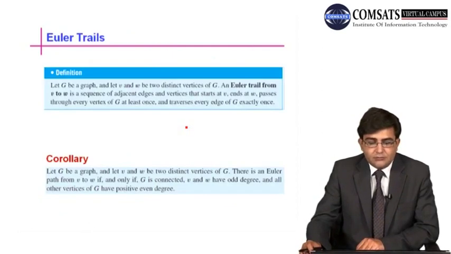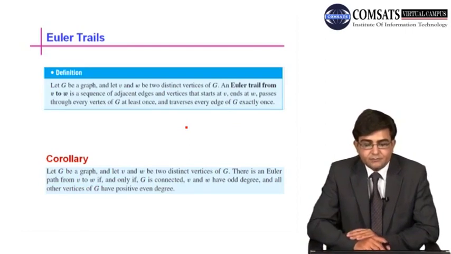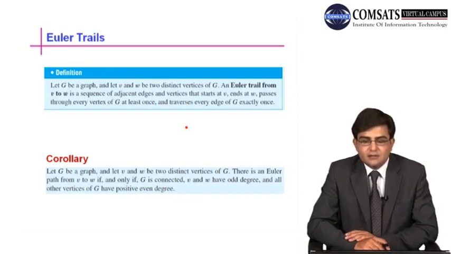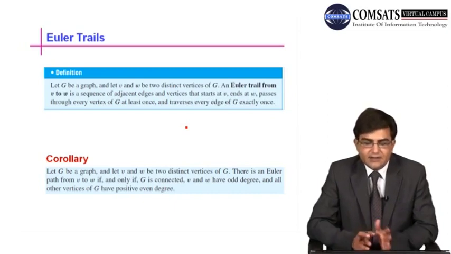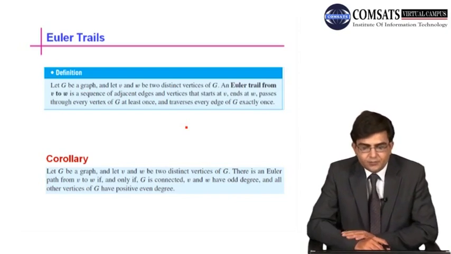So now what is an Euler trail? Let G be a graph and let V and W be two distinct vertices of G. Distinct means they are different, they cannot be same.